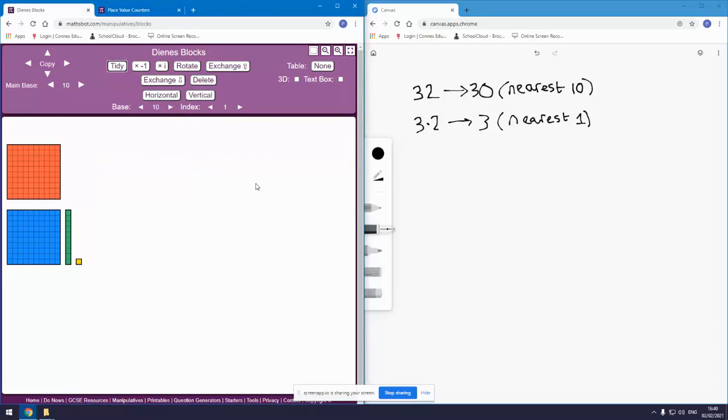And of course, because I'm using Dienes, I can go to multiple places. So I could look at the number 326, and I could build this number again to start with, assuming the yellow block is worth 1. Don't need that many of those. I nearly built 362.